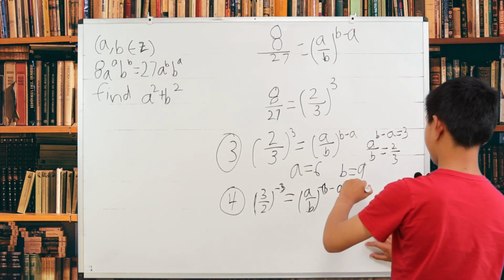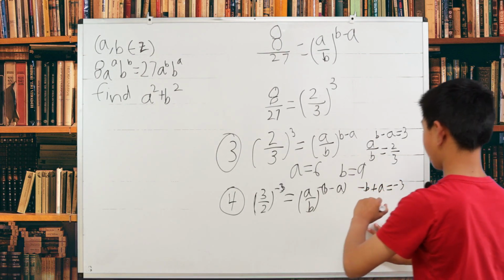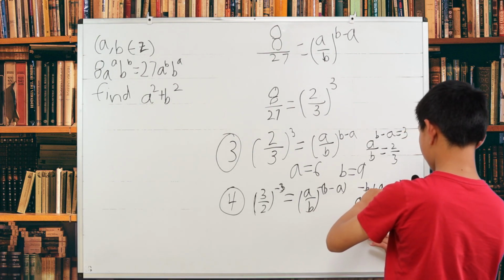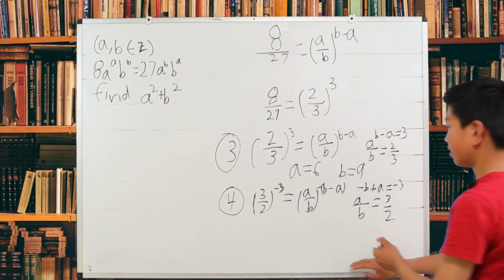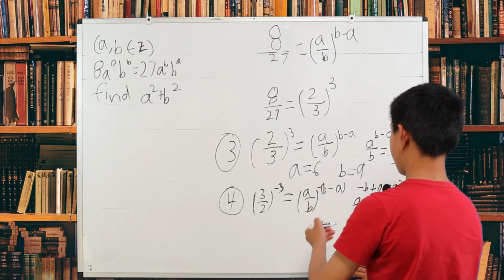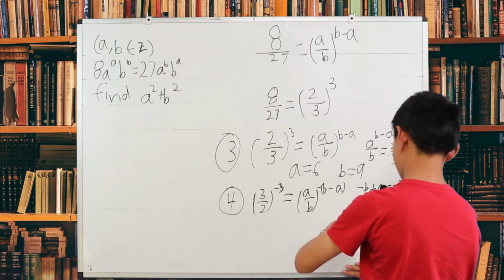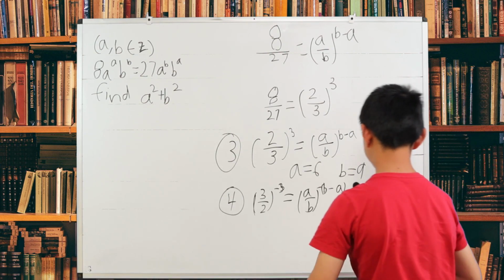So negative b plus a is negative 3, and a over b is equal to 3 over 2. And in this case, we get that a is 9 and b is equal to 6.